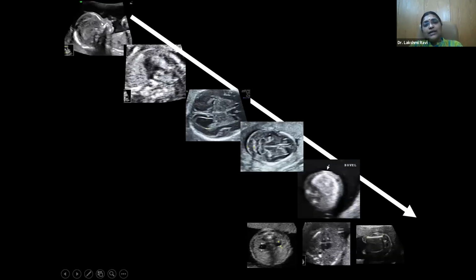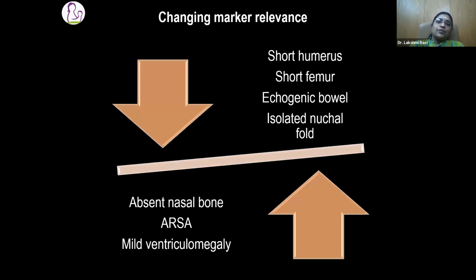The first one is unossified nasal bone, followed by an aberrant right subclavian artery, followed by minimal ventriculomegaly, then nuchal fold, and then echogenic bowel. And pyelectasis, echogenic intracardiac foci, and the short femur are now completely losing their importance as aneuploidy markers for Down syndrome.